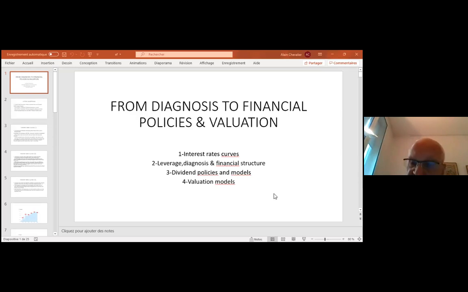And so today we will integrate new dimensions on interest rates, on leverage, on dividend policies, valuation models, coming back on the architecture and trying to explain how to integrate all these elements into the design of a financial policy.